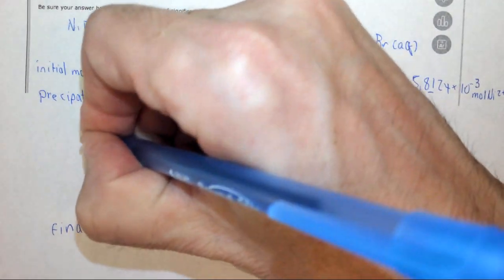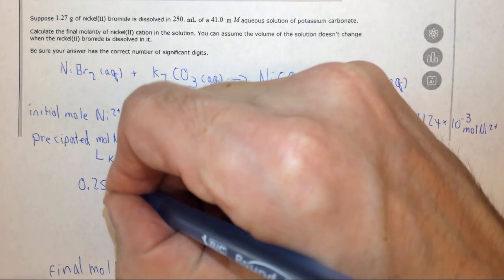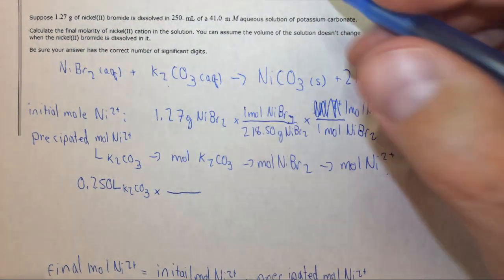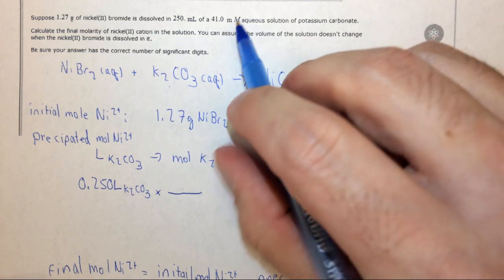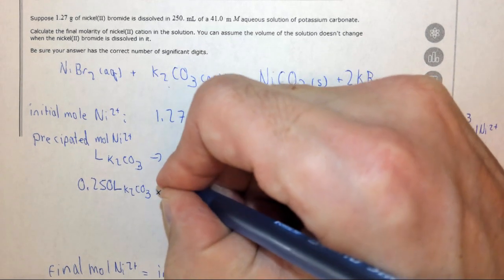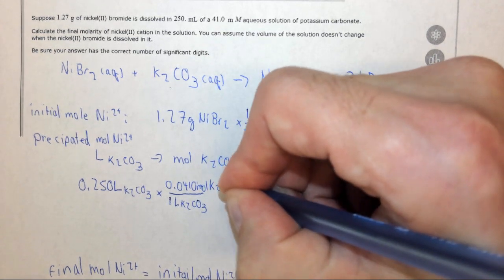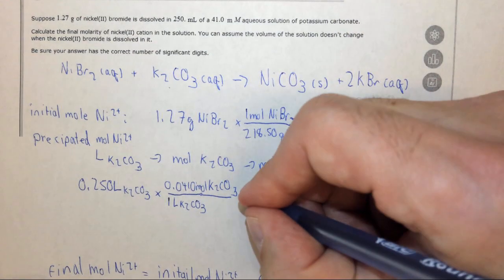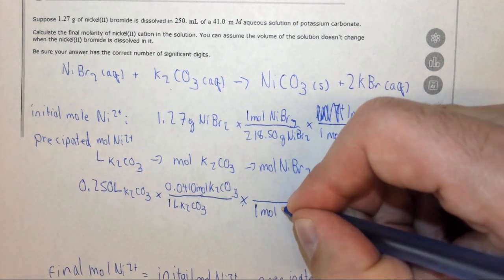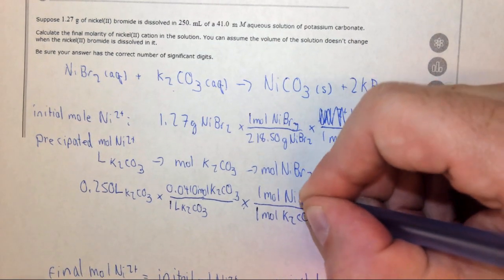So we want to use liters of solution, not milliliters. So we start off with 0.250 liters. Note that it's 250 milliliters, so we divide that by 1,000, of K2CO3, times, the next thing we want to do is convert those liters to moles. Well, there's this many millimoles per liter. So for every 1 liter of K2CO3, there's 0.0410 moles of K2CO3, times, use the balanced chemical equation, for every 1 mole of K2CO3, there's 1 mole of NiBr2.